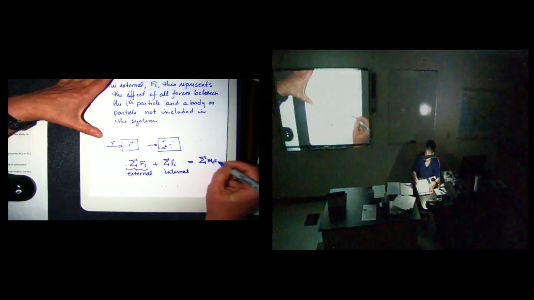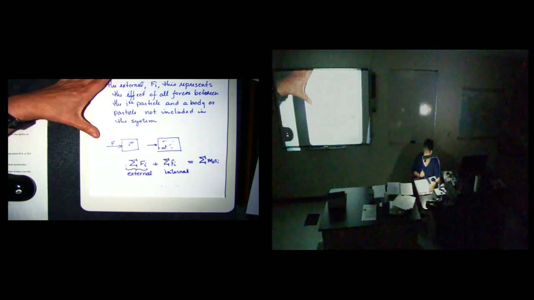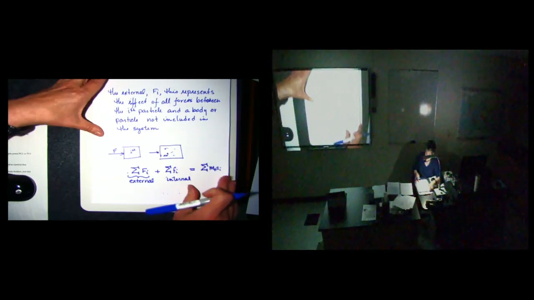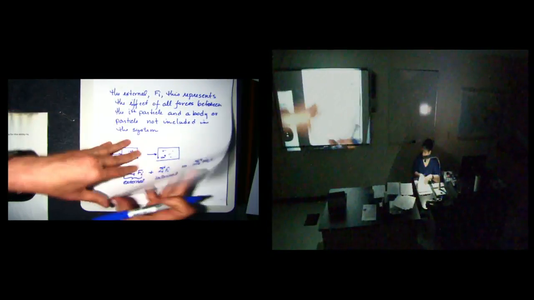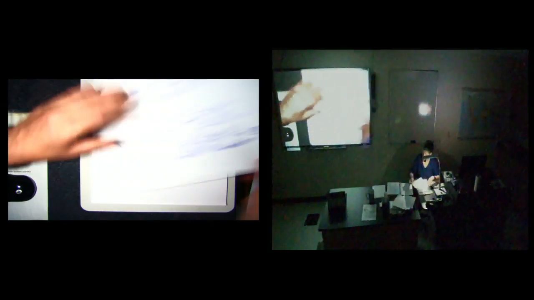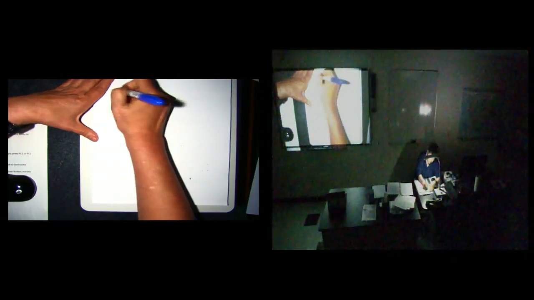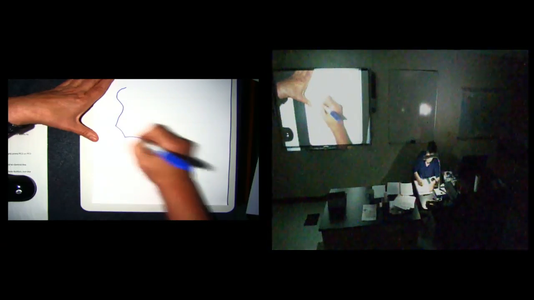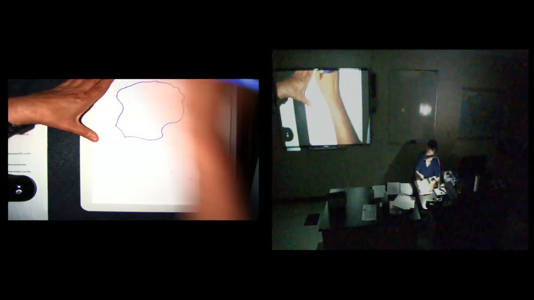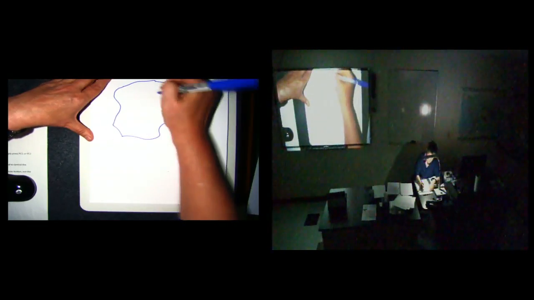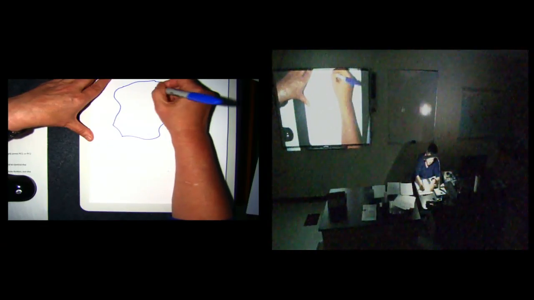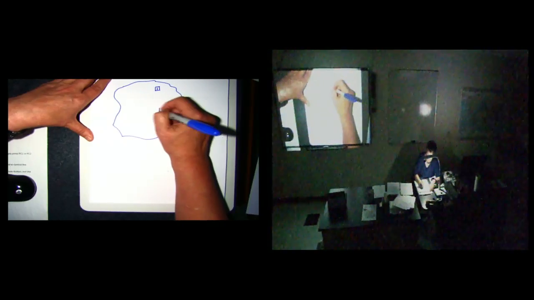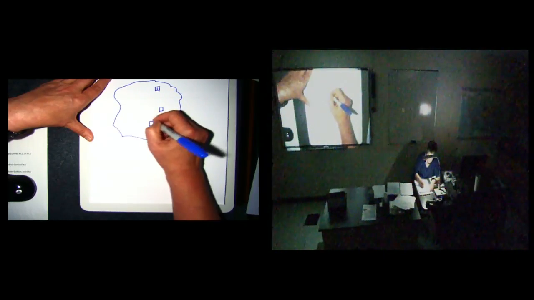There's an R, there's an R, there's an R. We end up with the mass times acceleration, where this relates to my center of gravity, and M R_G is going to be the sum of my little m_i r_i's out there.